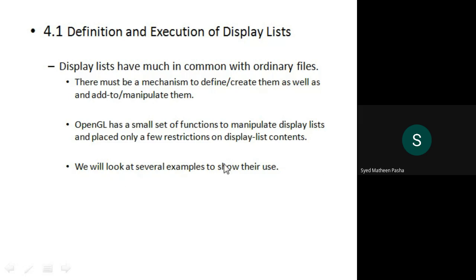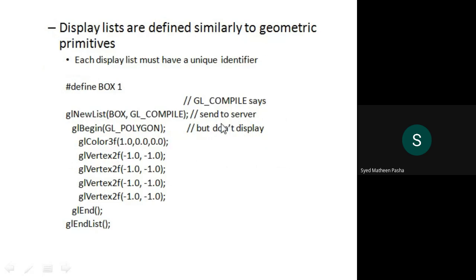So we'll look at some examples so that we can see their usage. In one example, as I told, display lists are defined similarly to geometric primitives. Each display list should have a unique identifier, that is, a unique name given to it. Now, to create a display list, first I will give glNewList. What happens in glNewList?